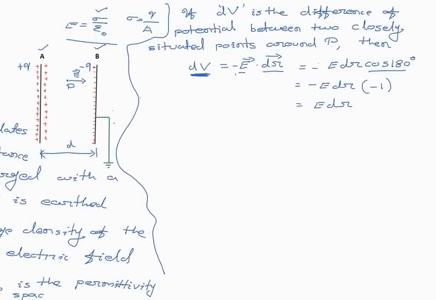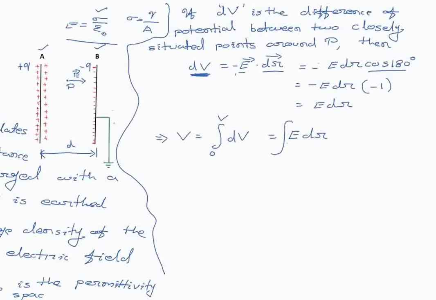Now to find the potential between the two plates of the capacitor, we have to integrate this one. So V, the potential between the two plates of the capacitor, is equal to the integration of this dV, from 0 to V, is equal to E dr.